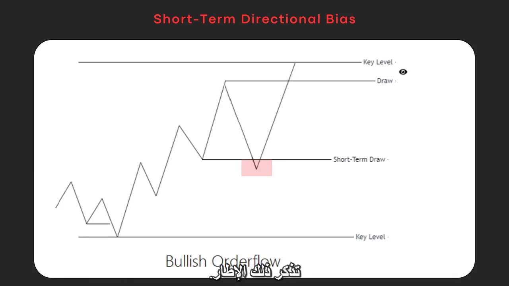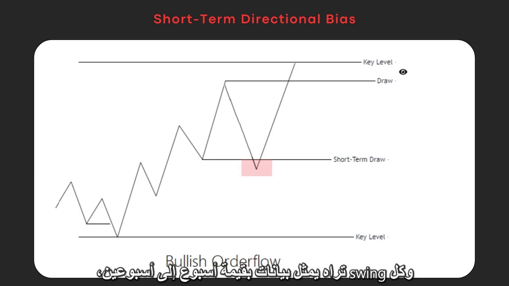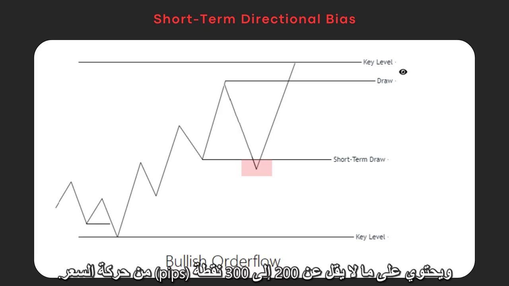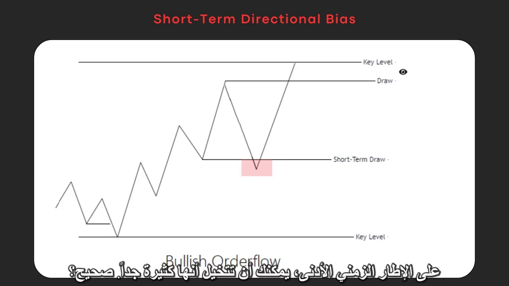Now remember that framework, right? Let's assume this is the weekly chart again, and each swing that you see represents 1 to 2 weeks worth of data and has at least 200 to 300 pips worth of price action, right? And that price action on the lower time frame, you can imagine, is a lot, right?